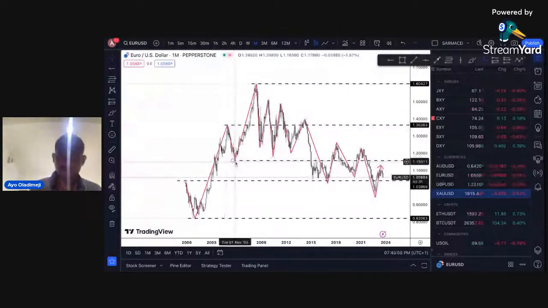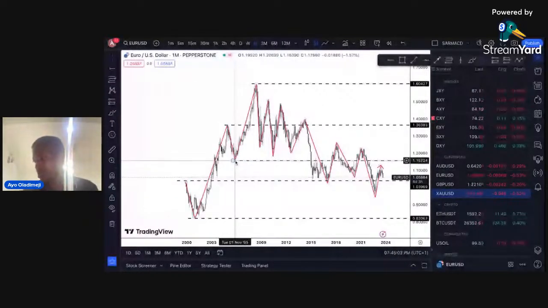So is 1.15 going to be support for us, or is it going to be resistance? Let's put it in the chat box. I'm waiting.